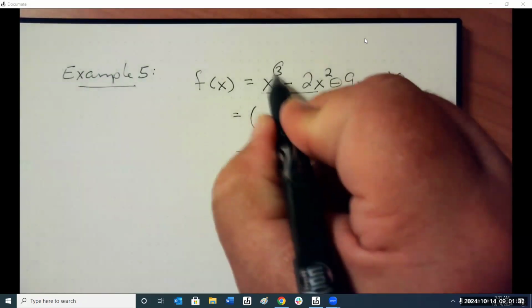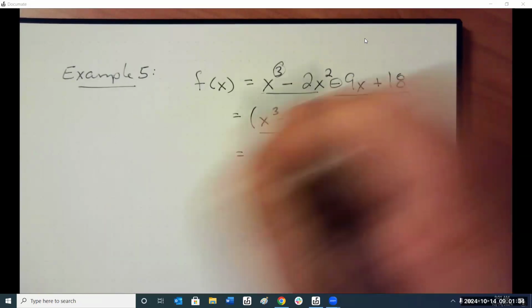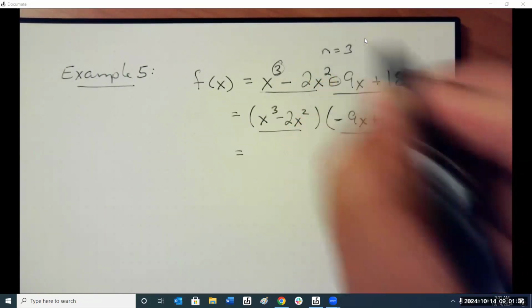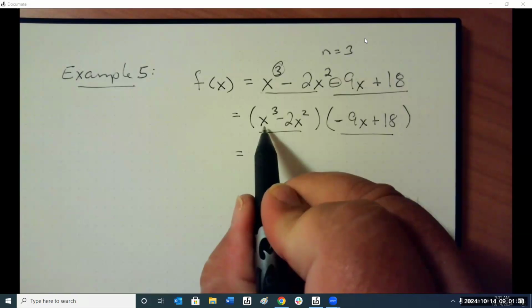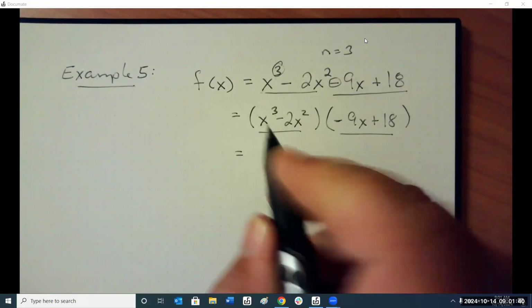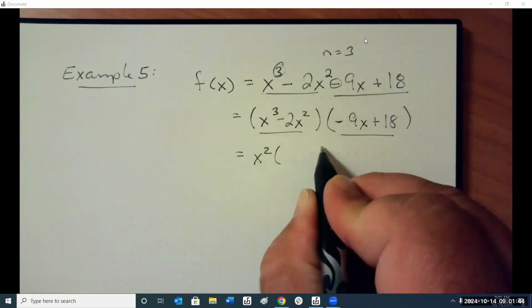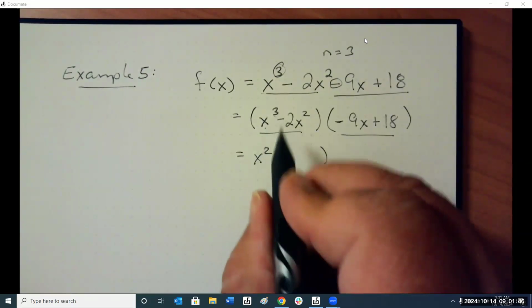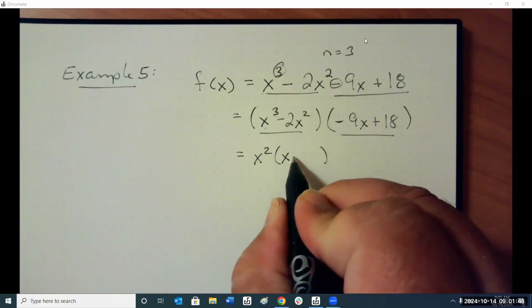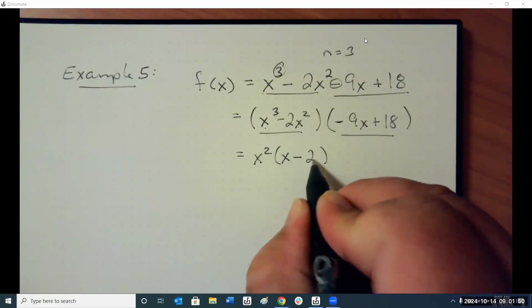Remember, we're supposed to have 3 solutions. N equals 3, so we're supposed to have 3 answers. They both have x squared in common. So if I take out x squared, I have x minus 2 left.